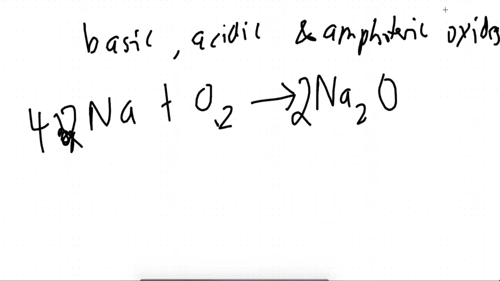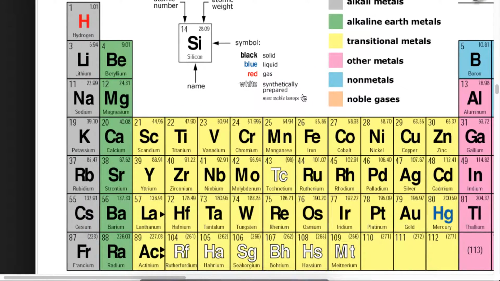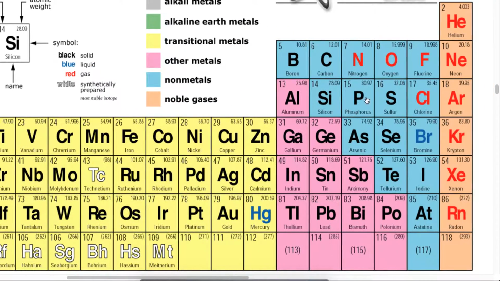So everything on the left, sodium and magnesium, are basic. Okay, guys, these are called basic oxides. Everything on the right of the periodic table, so silicon, phosphorus, sulfur, and chlorine are called acidic. What about aluminium?